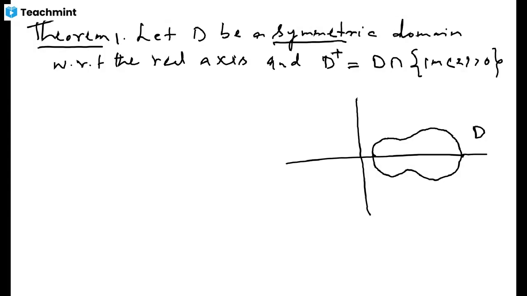So let D plus be this thing. That means this part is D plus. This is D plus.